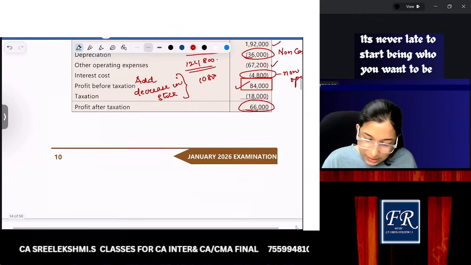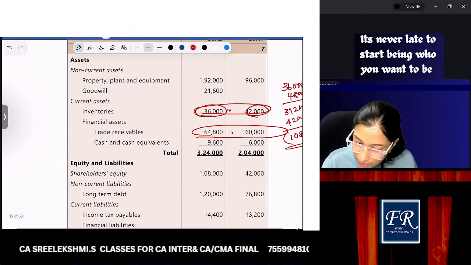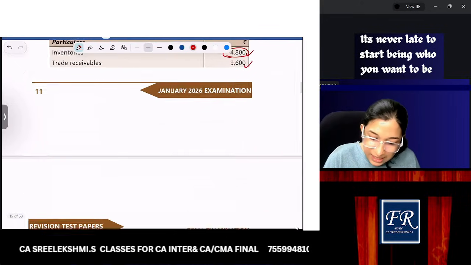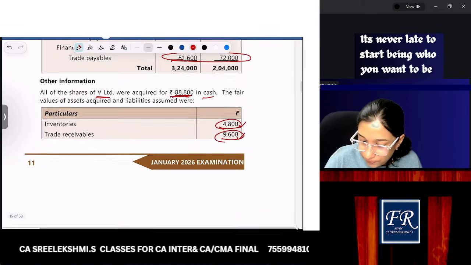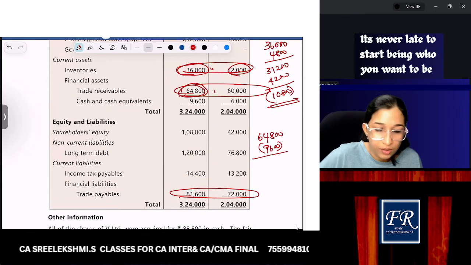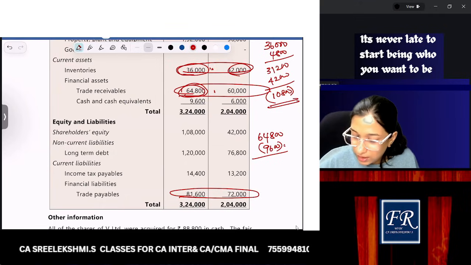Okay, now trade receivables 64,800. Current year trade receivables of the group is 64,800. But trade receivables I acquired in the current year is 9,600. So this is acquired from the subsidiary during the year. So 64,800 minus 9,600, 55,200.